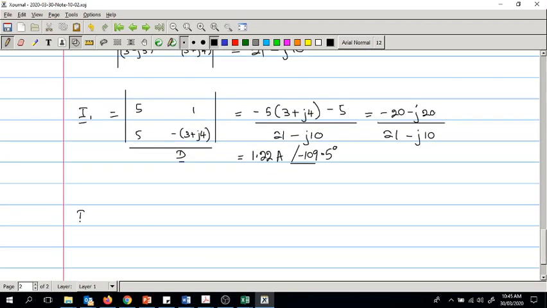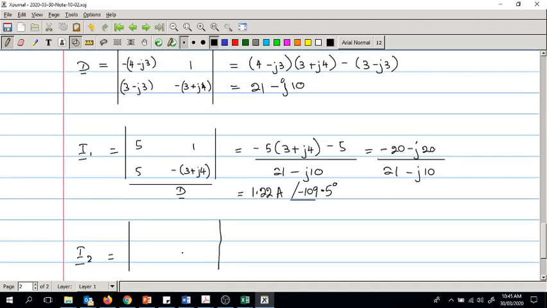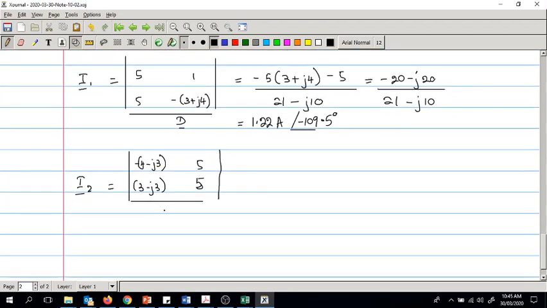When it comes to I2, you will have to replace the second column now. So it's minus 4 minus j3, 3 minus j3, 5, divided by D. Right, now you see simultaneous equations.